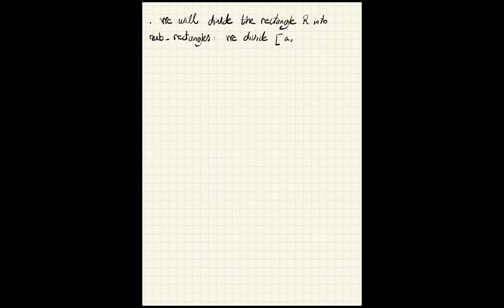Okay, so what we're going to do is divide the rectangle R into sub-rectangles.